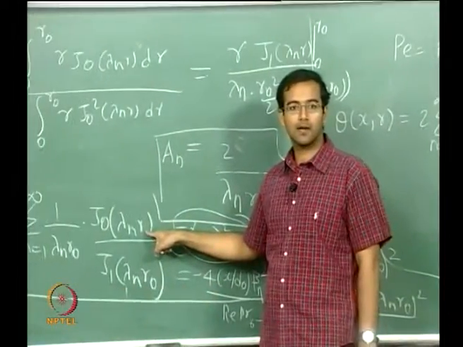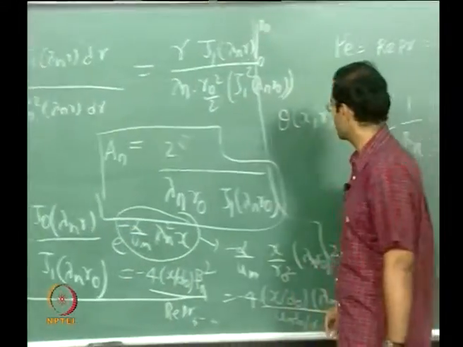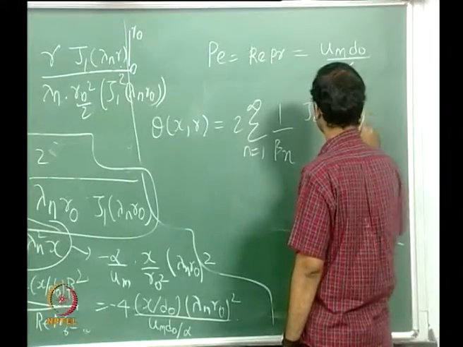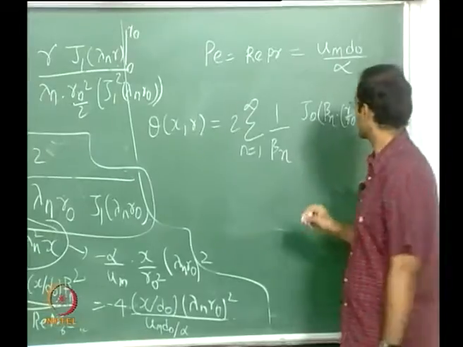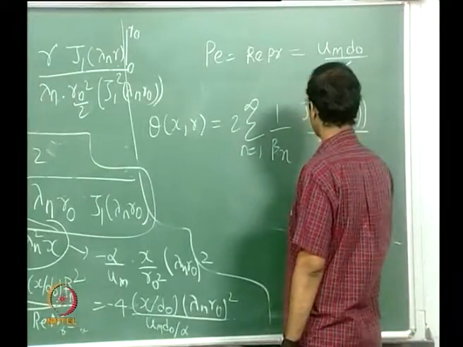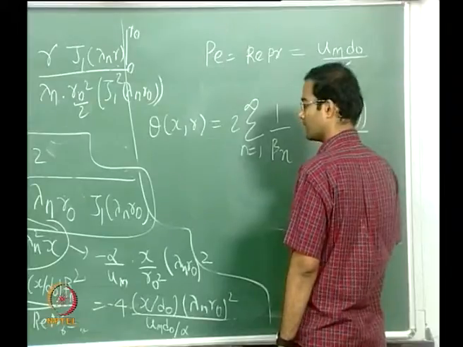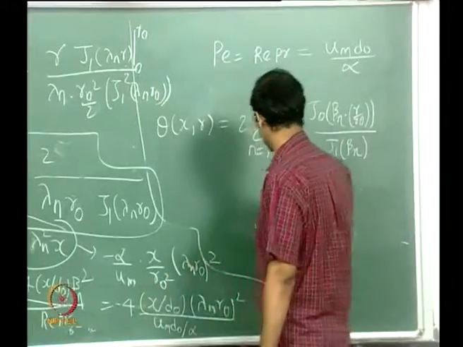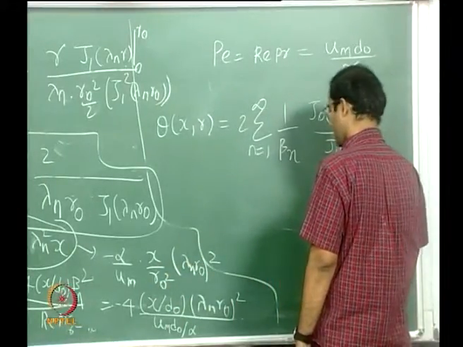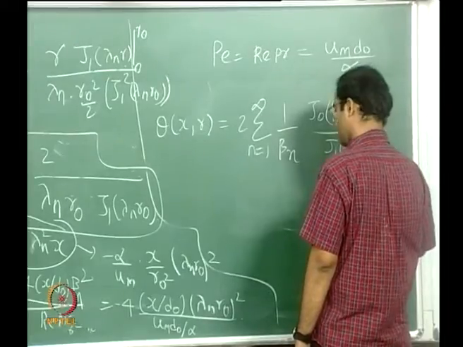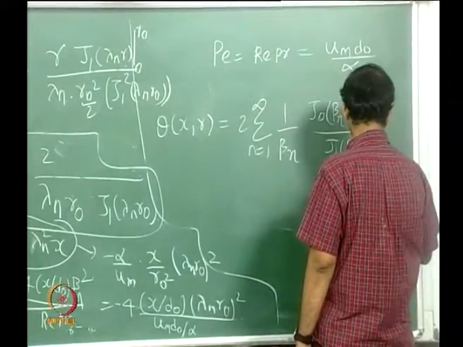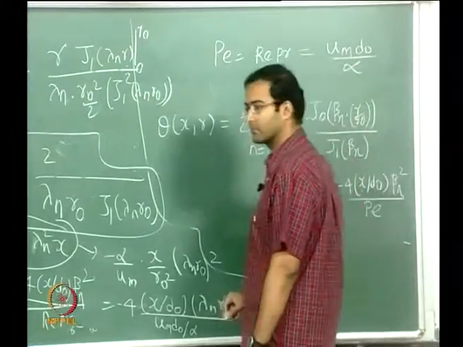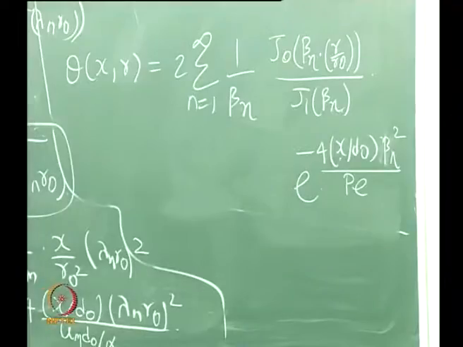So you divide and multiply by r naught, so then that will become beta n times r by r naught, divided by J1 beta n, into e power, this entire thing can be written as minus 4 x by d naught into lambda n r naught, which is nothing but beta n square divided by Peclet number. So this is completely non-dimensional.